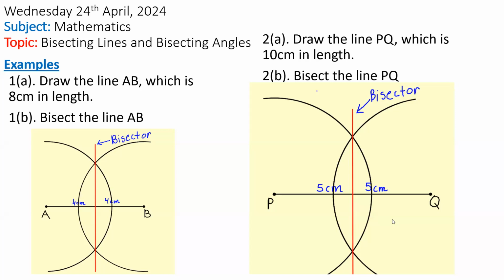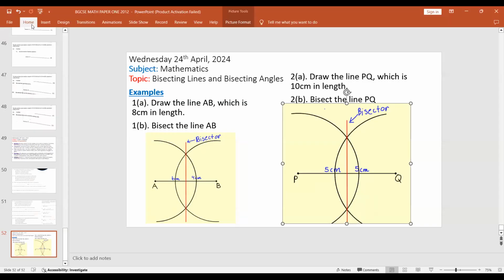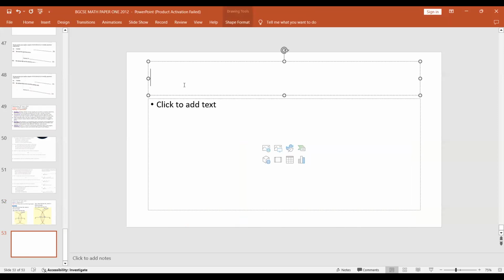By the way, take a picture of this and send it to me via WhatsApp. Again, take a picture of this and send it to me via WhatsApp. And then we're gonna move on to bisecting an angle. I posted this inside the chat, and now we're gonna move on to steps of bisecting. We did 90-degree yesterday.